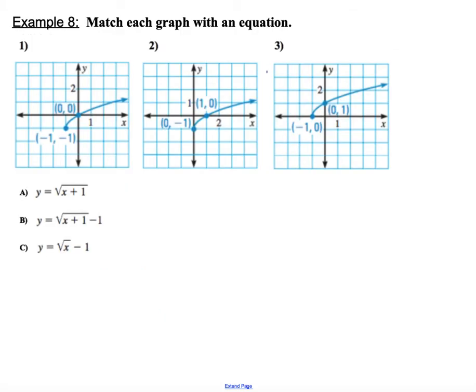All right, and then I wanted us to do some matching here. So let's look at these. So which one of these graphs goes with which one here? So if you think about inside here, how do you get 0?